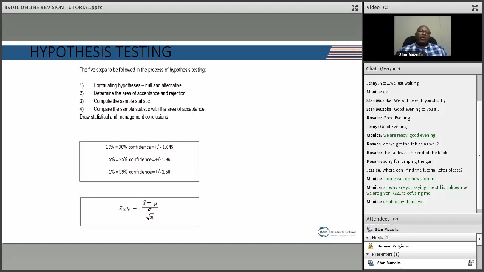We compute the sample statistic using the formula at the bottom there: Z-calc is equal to x bar minus mu, divided by sigma over the square root of n. And then we compare the area of acceptance and rejection with what we would have calculated. And then we can conclude whether it falls in the rejection region or in the acceptance region.